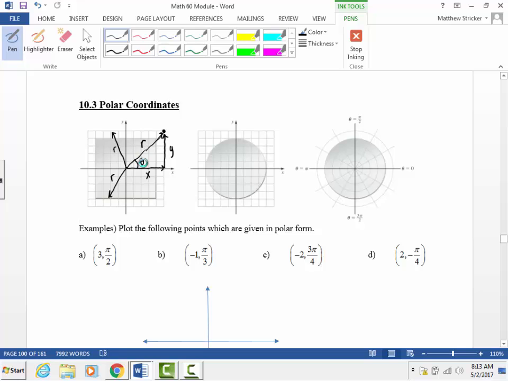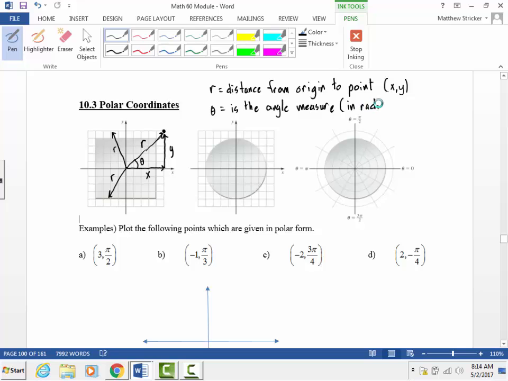So let's write what I just said. R is the distance from where to where? From the origin to point xy. And then theta is the angle measured in radians.